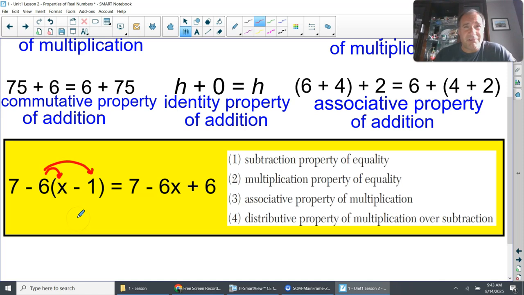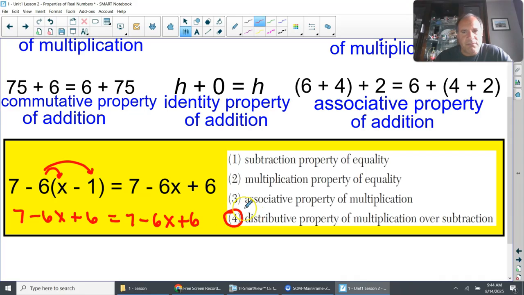Every time I see parentheses and a number outside, I think it's distributive property. So it's negative 6x, negative 6 times x, and negative 6 times negative 1 is a positive 6. Yes, that does equal the 7 minus 6x plus 6. That's exactly what I have. So what did I use? Distributive property of multiplication over subtraction.